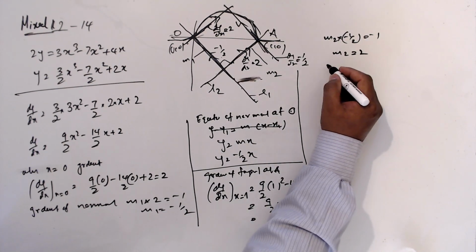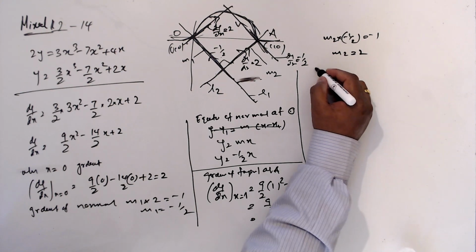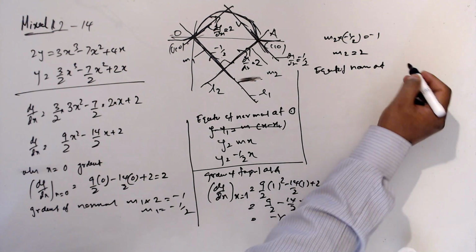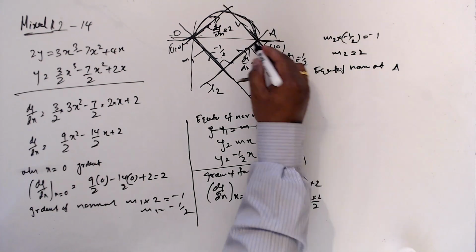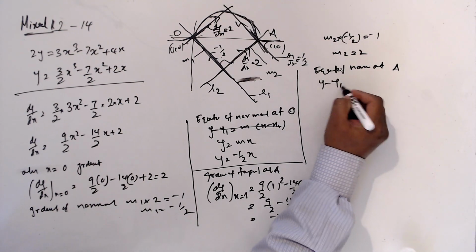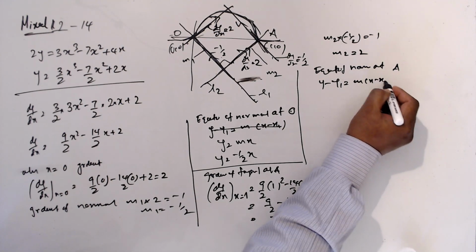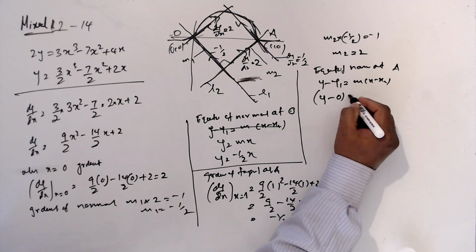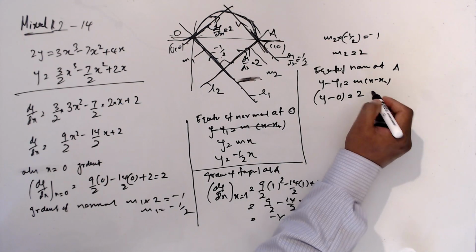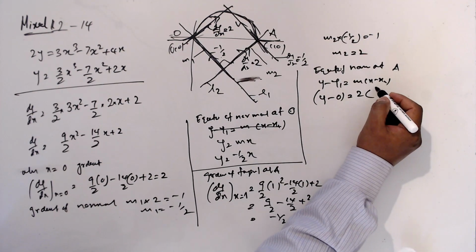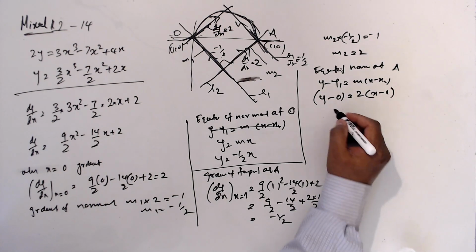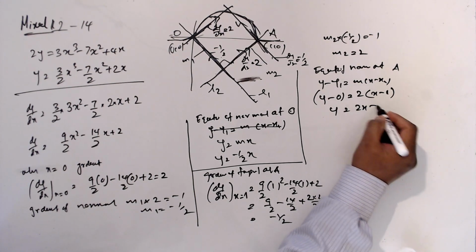So the equation of the normal at A is y minus y1 equals m times x minus x1. y1 is 0, the gradient is 2, and x1 is 1. So y equals 2x minus 2.